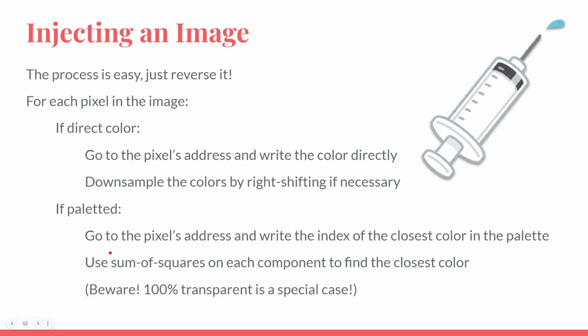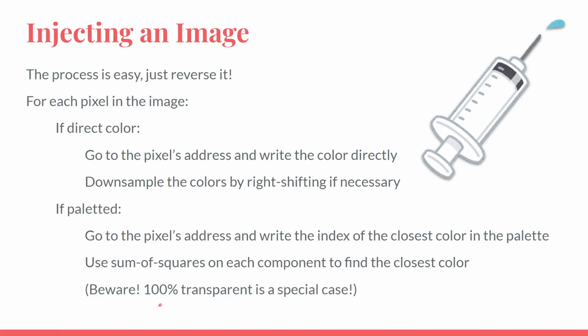We take the difference between the red component, the blue component, the green component, and the alpha component, and we take the squares of those values and add them together. We do that for each color in the color palette. Then we choose the one that has the lowest value, and that gives us the closest color in the color palette.